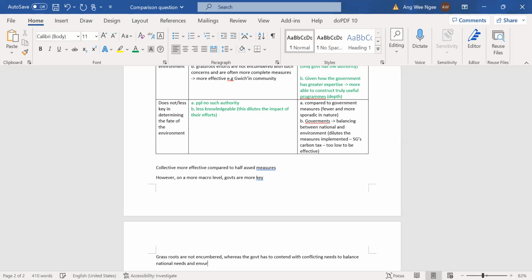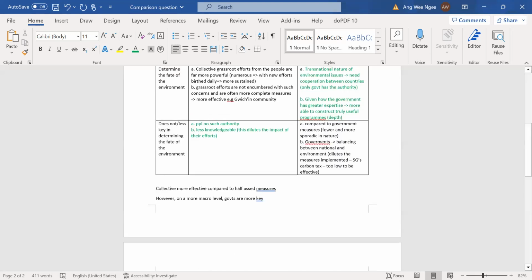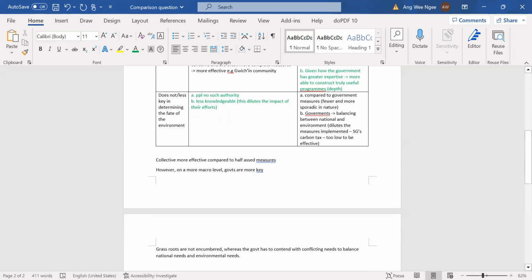Then rebuttal. Yet. I think that actually works given how the government has great expertise.